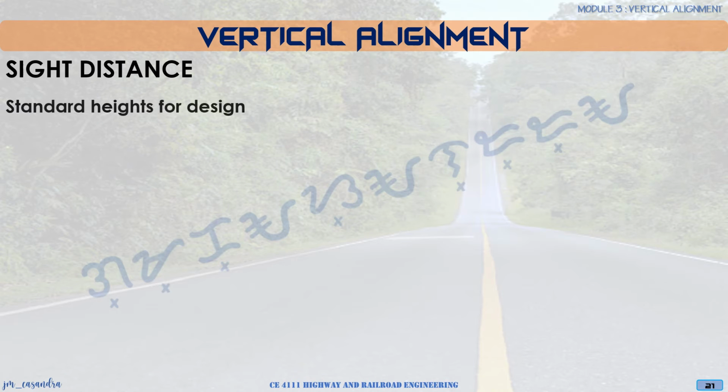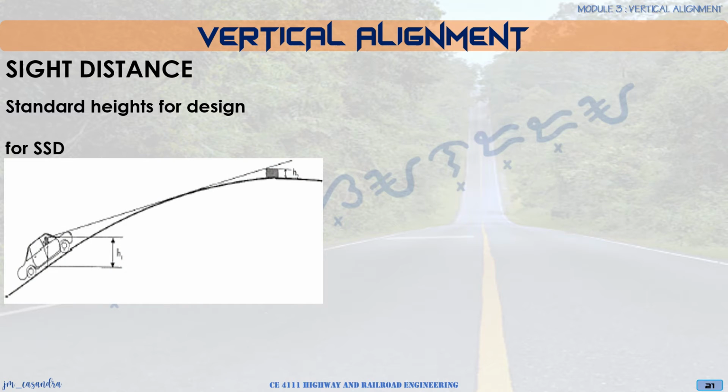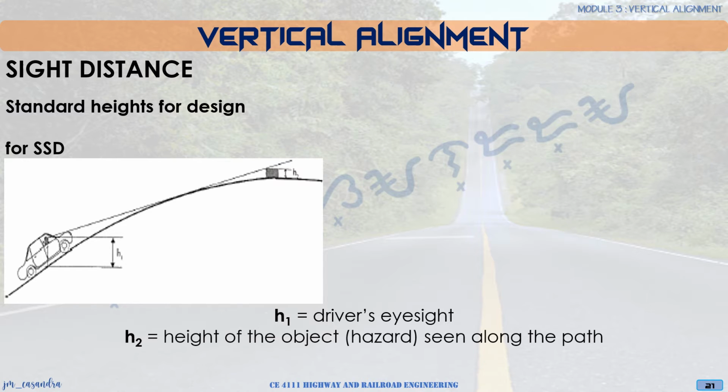Okay. So the standard heights for our design for vertical curves would be as follows. So this is taken from the book of Sigwa. So for the stopping sight distance, we have h1, which is the driver's eyesight, and h2, which is the height of the object or the hazard that is seen along the path.